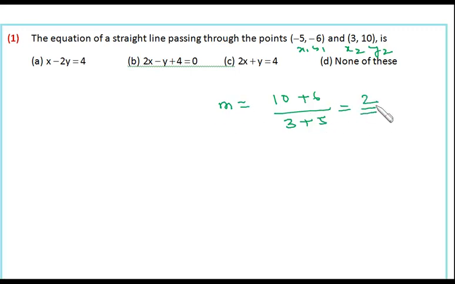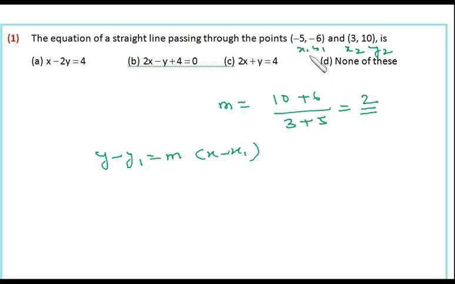So you got the slope, and you can use any one of the points with the formula y minus y1 is equal to m(x minus x1). The line is passing through x1, y1 and also x2, y2, so be careful, you can take any of these points. In both cases you'll get the same equation, so not to worry about it. We have already calculated the slope.